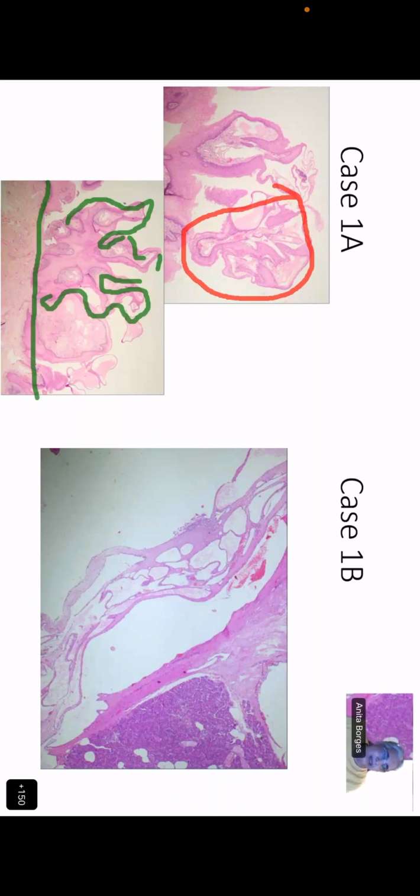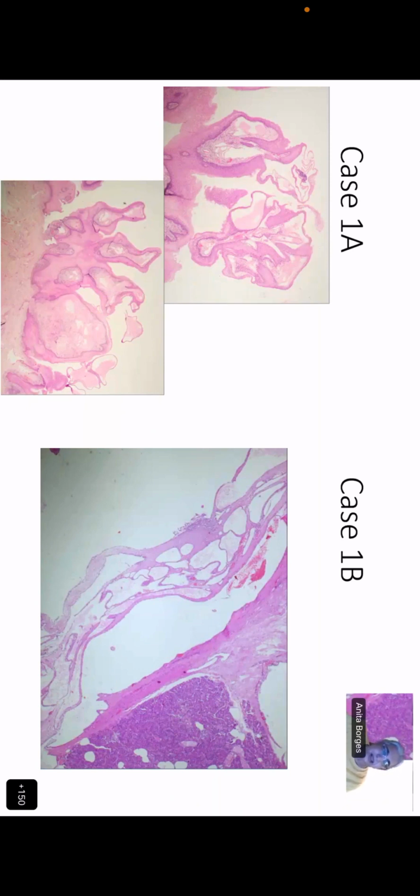Okay, yes. Well, I think that there is some doubt about whether there are papillae in this thing at all. What is it actually that is happening over here?